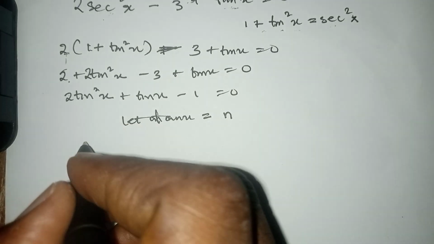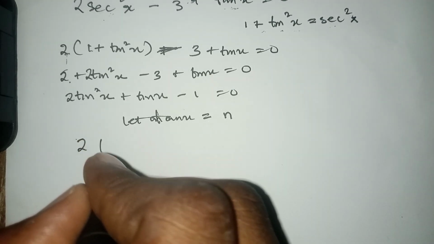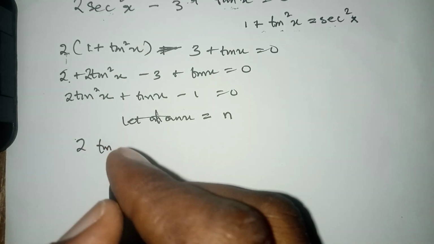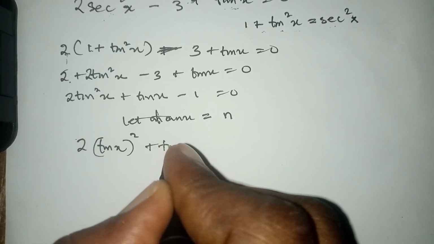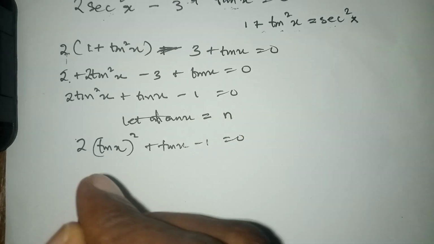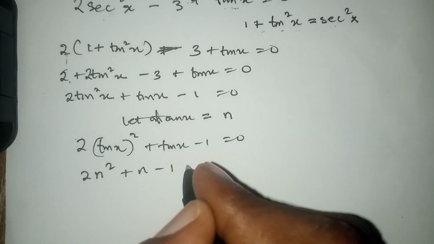Don't forget, this is 2, then this one is the same thing as (tan x) all squared, plus tan x minus 1 equals 0. So this is 2n² plus n minus 1 equals 0.